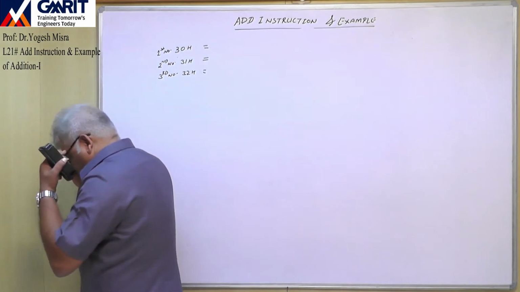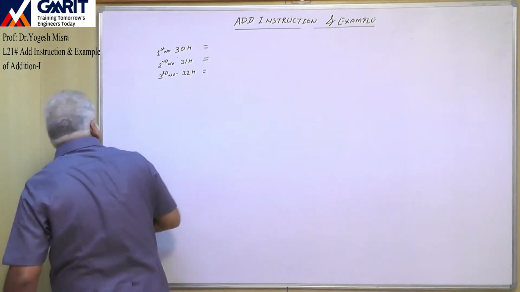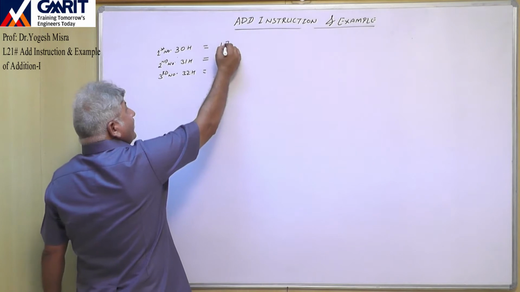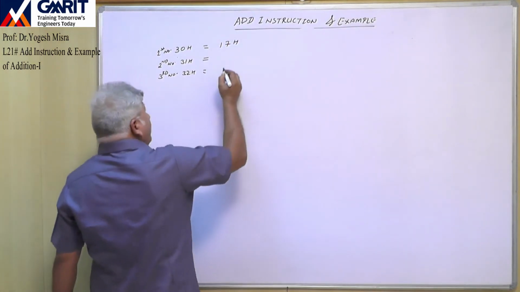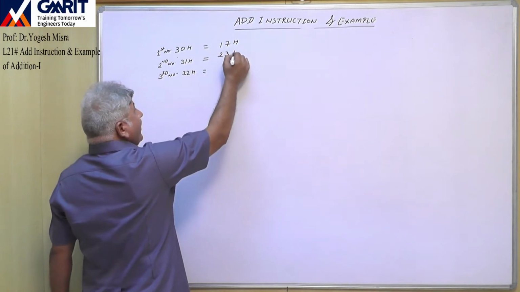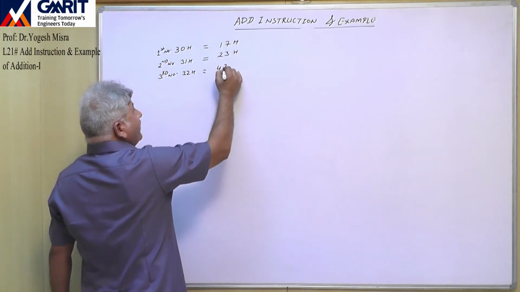All these numbers are 8-bit numbers. These numbers are 17H, 23H, and 43H.